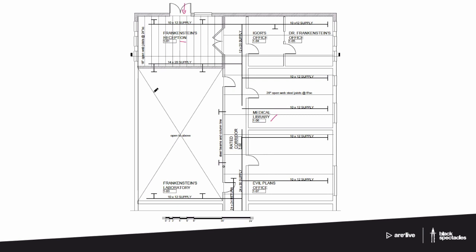Maybe it's part of a school and it's a little gymnasium with some classrooms wrapping around it, or maybe it's a library with a reading room and then some spaces around it, or it's a showroom space with some office spaces around it. It's going to be something very similar to this. So while this is sort of absurd, it's actually pretty similar to what's really going on.